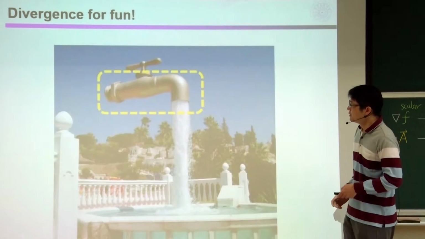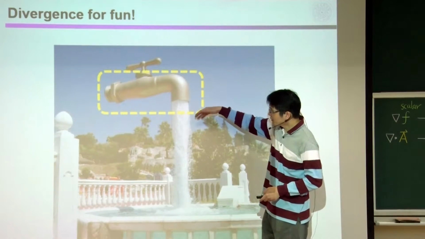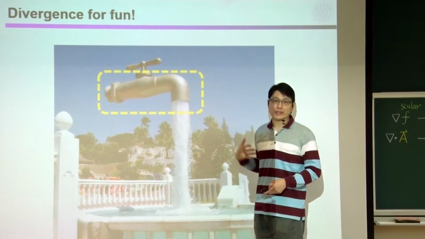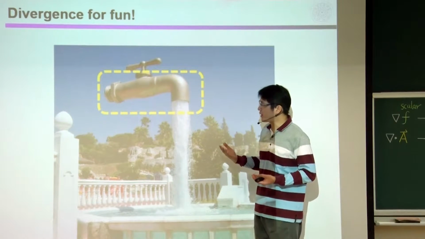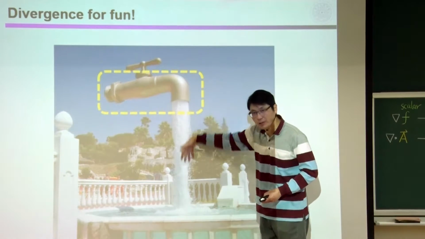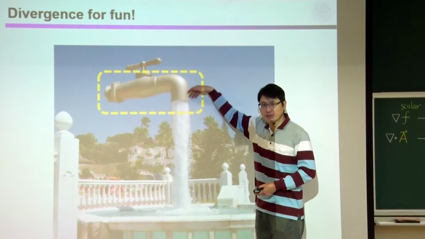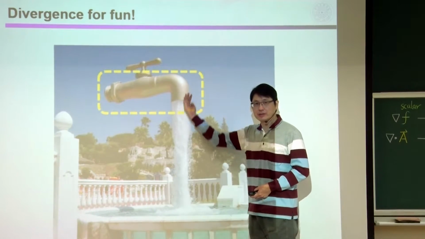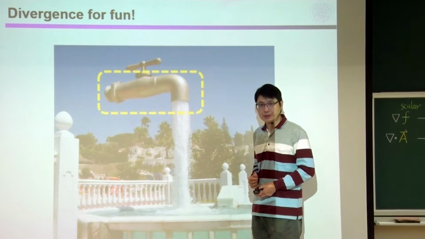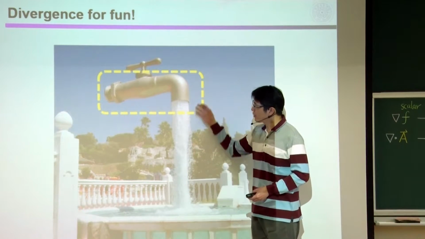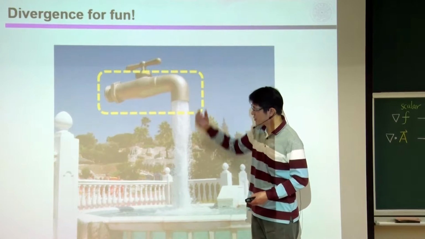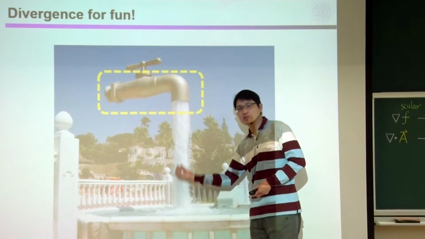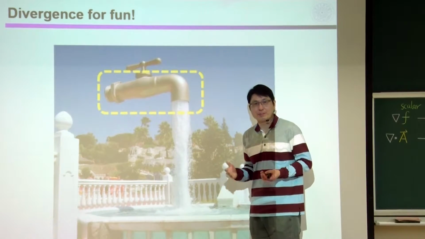Right? I didn't mention the flowing direction, but ideally we think due to gravity, water is flowing downwards, right? So this is flowing out. But it can also flow into the outlet, right? So in that case, if you have a negative divergence, water is flowing from the bottom to the up. This is more magical.